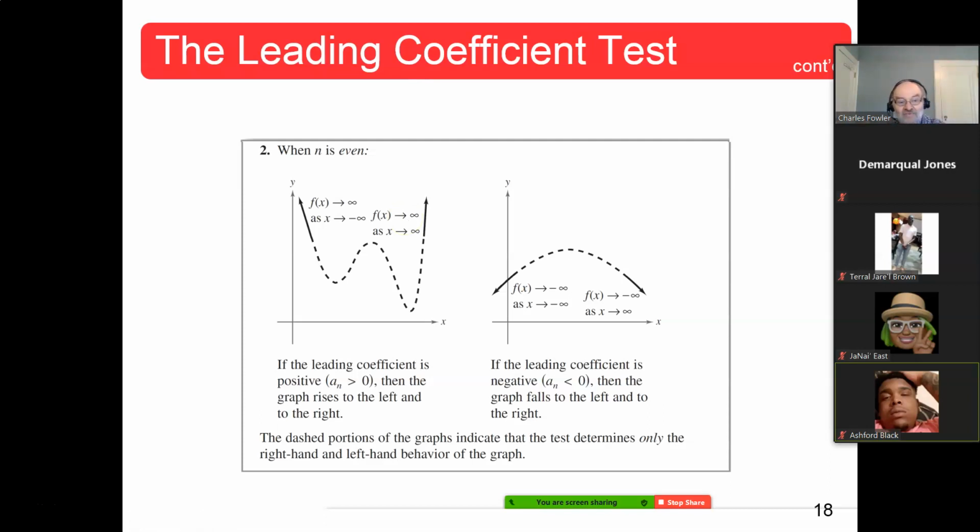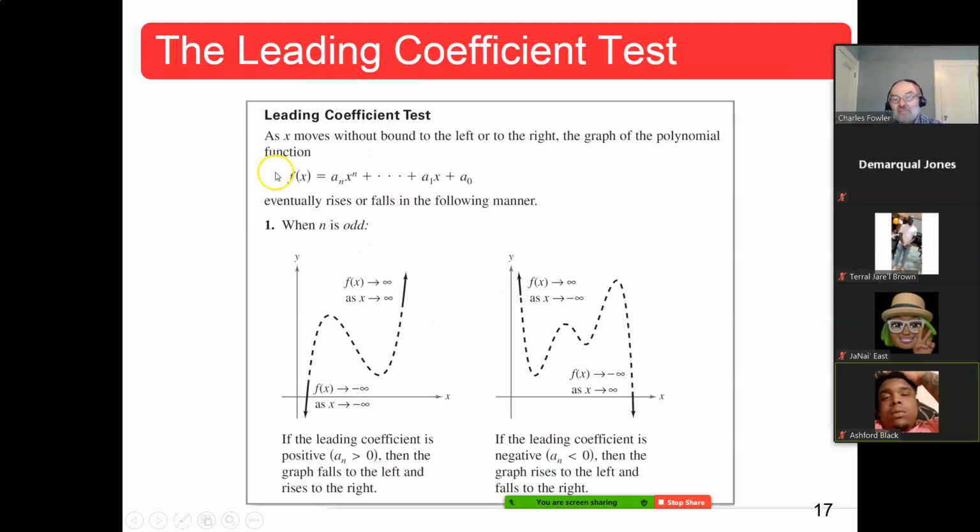If that leading coefficient is positive, then a positive x here will produce a positive f of x. A negative x here will produce a negative f if n is odd. If that leading coefficient is negative, then a negative x will produce a positive f of x. A positive x will produce a negative f of x.